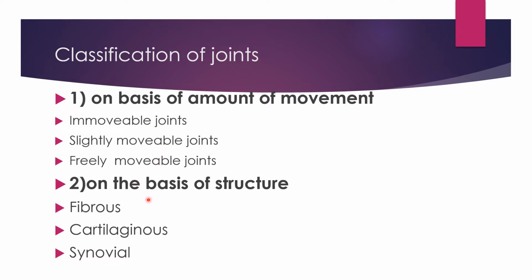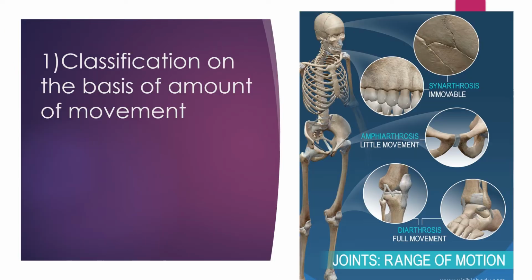And on the basis of structure, there are also three types: fibrous joints, cartilaginous joints and synovial joints. In this video, you will learn about the classification of joints on the basis of the amount of movement they give to the bones. Either it will not move the bone, or slightly move the bone, or freely move the bone.